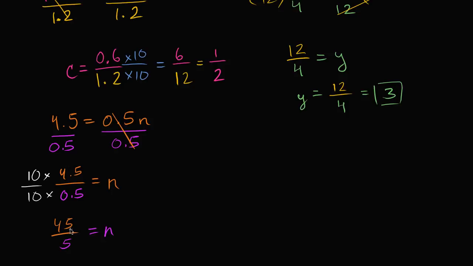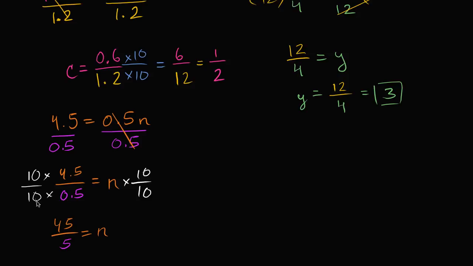And some of you might say, wait, hold on a second, Sal. You just told us that whatever we do to one side of an equation, we have to do to the other side of the equation. And here you're just multiplying the left side of this equation by 10 over 10. Now remember, what is 10 over 10? 10 over 10 is just 1. Yes, if I wanted to, I could multiply the left-hand side by 10 over 10, and I could multiply the right-hand side by 10 over 10. But that's not going to change the value of the right-hand side. I'm not actually changing the values of the two sides.